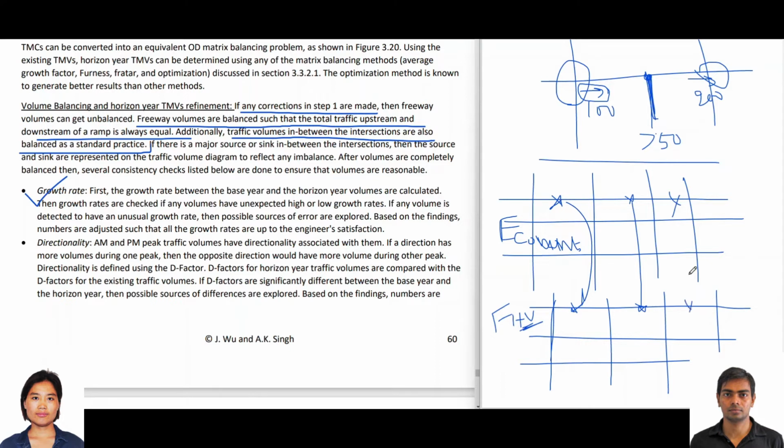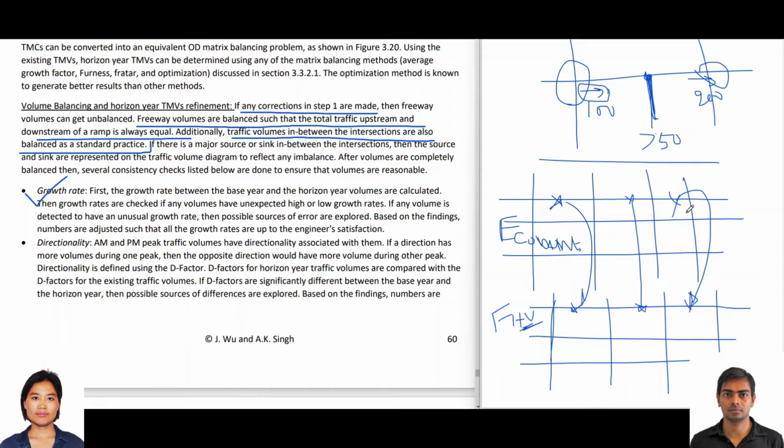Then similarly, we look at the exact location in the future and try to figure out what the growth rate is. Based on our engineering judgment, we have some idea of what kind of growth rate we are expecting. We look at the population growth rate, employment growth rate, and overall growth rate in the area or the nearby area in general, and we have an idea of the expected growth rate range.